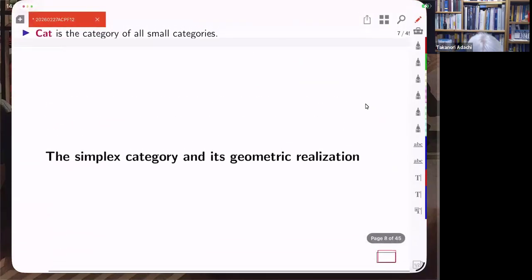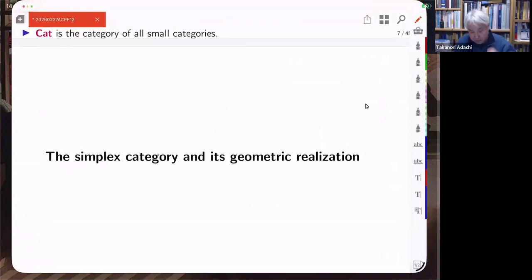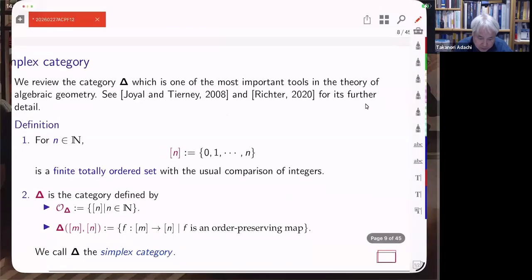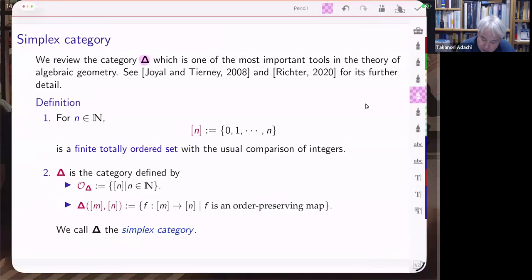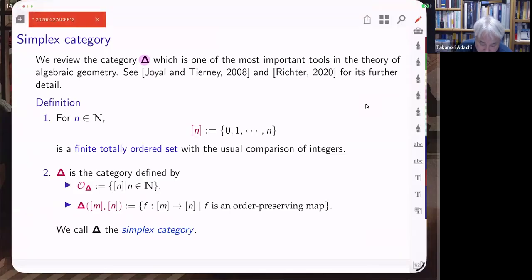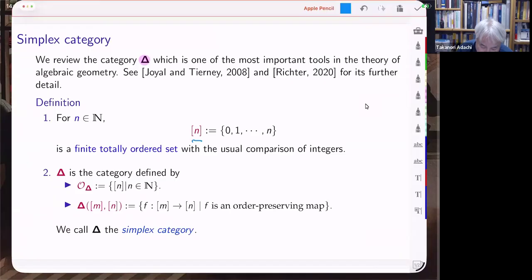Now we are moving to explaining some fundamental tools taken from algebraic topology, which is the simplex category and others. The simplex category is a category Delta whose objects are the finite ordinals, bracket n, consisting of the integers 0 through n. So the number of elements of bracket n is n plus 1.